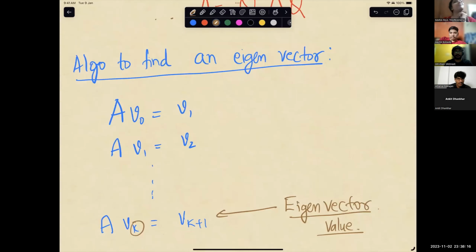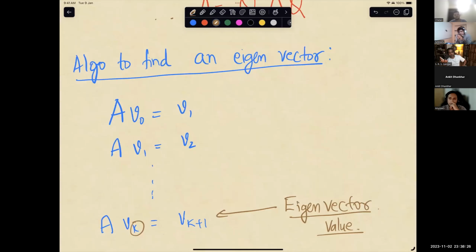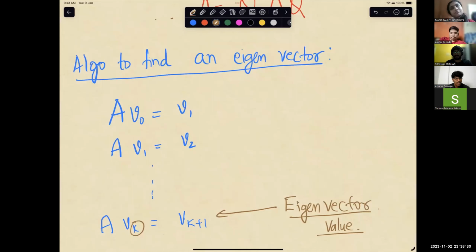Do you think that road will lead to the road that I am seeing right now? It definitely leads here. There is no blockage. There is a way through which you can reach here. Every road reaches my road in India. This A takes any vector towards the eigenvector only.